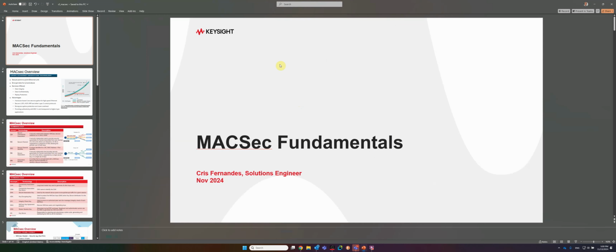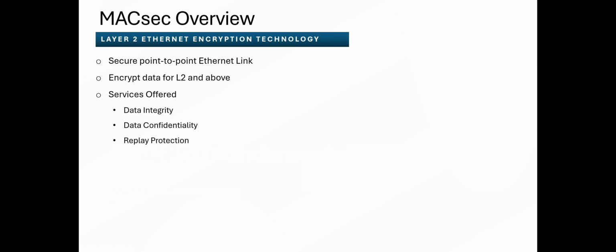So as we get started here, we can talk a little bit about MACSec, what it is. It's a secure point-to-point Ethernet link. It encrypts layer 2 and everything that goes beyond that. It offers data integrity and data confidentiality.